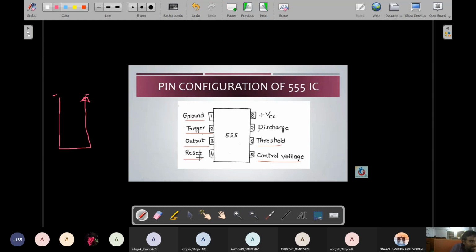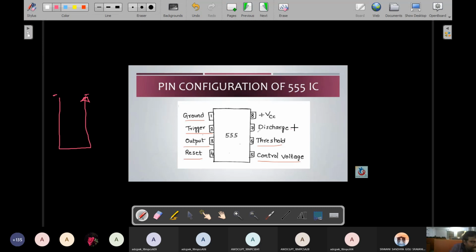Reset means the entire device will be emptied. Reset purpose means empty purpose. The fifth pin is the control voltage. The sixth pin is the threshold voltage, and the seventh pin is the discharging pin.